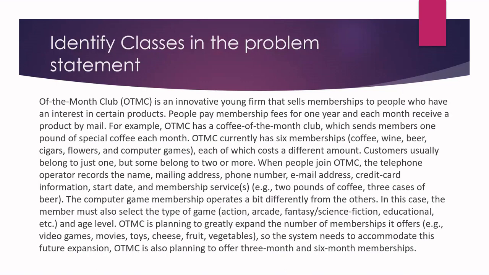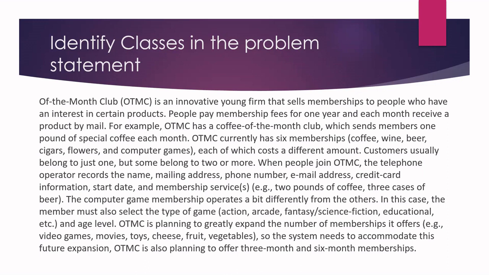Can we quickly try to identify classes from this? What would be the main concept in this problem that would make sense to be a class in the system that we're trying to write? A membership, obviously, this is a central concept.